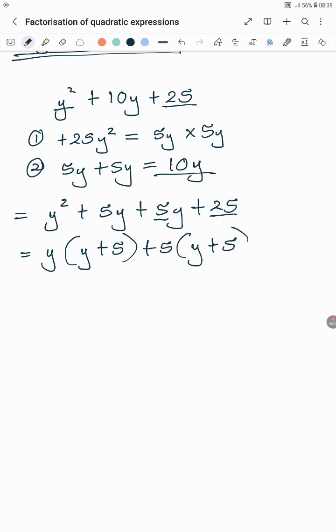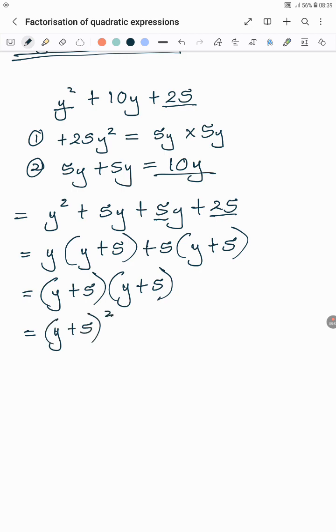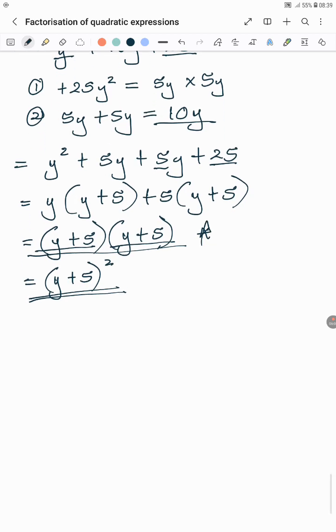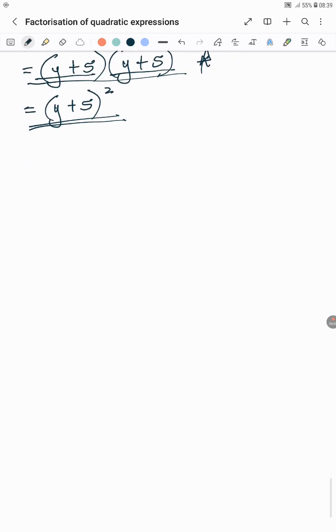Your first bracket is y plus 5 times y plus 5, and this one can be written as y plus 5 squared, because this bracket is the same as this bracket. So your answer can be written in this form or in this form. It's fine, whichever way you decide to write it, it's okay.